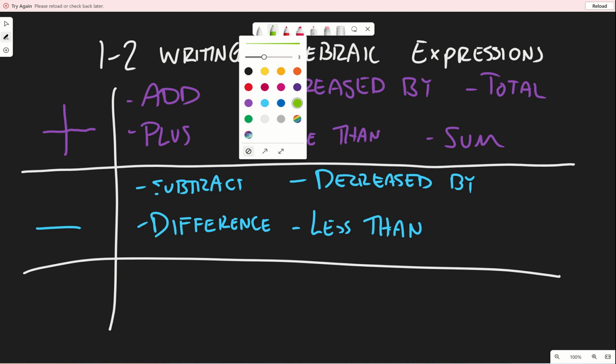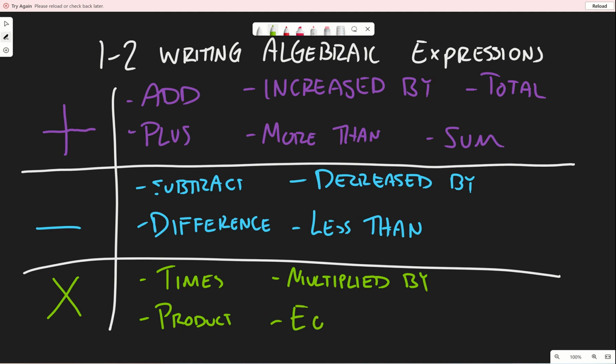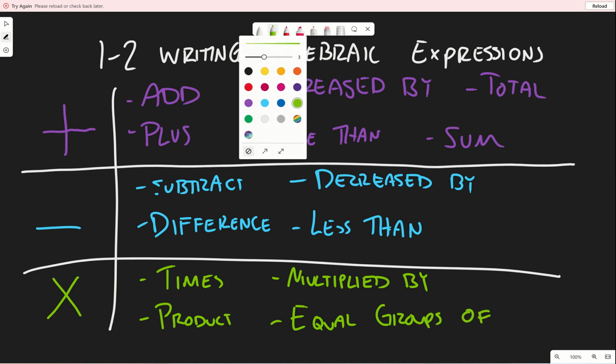Looking at words that mean multiplication, we'll have times, product, multiplied by. We might see equal groups of, and so on and so forth.